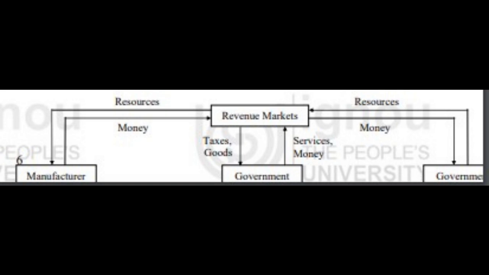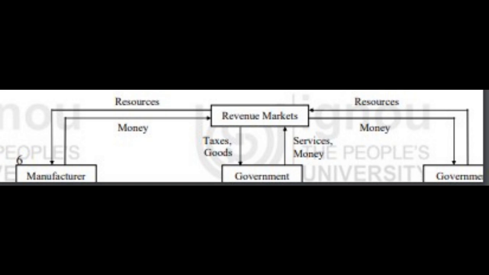If you look at the above figure, it says that the manufacturer goes to resource markets for raw material, labor, finance, etc., buys them and turns them into goods or services, and sells them to middlemen, who in return sell them to consumers. The consumers sell their labor, for which they receive money, income to pay for the goods and services they buy.